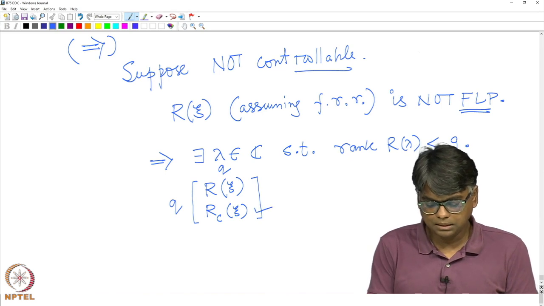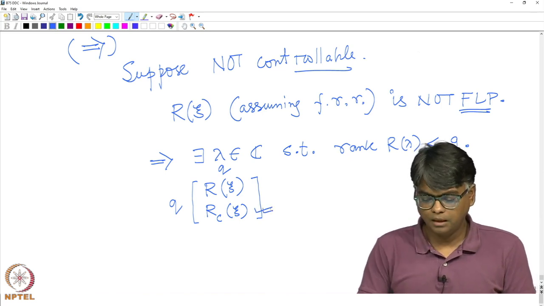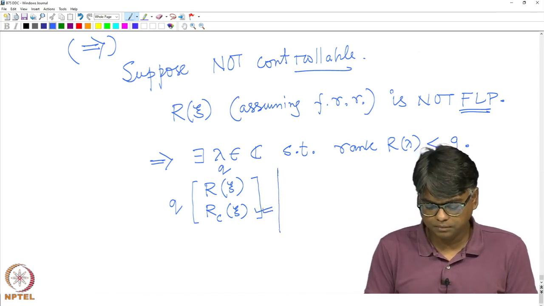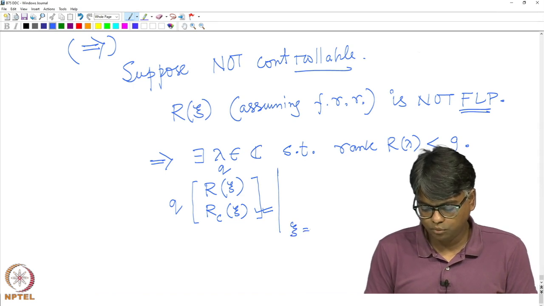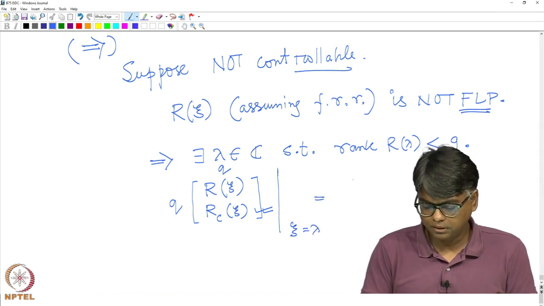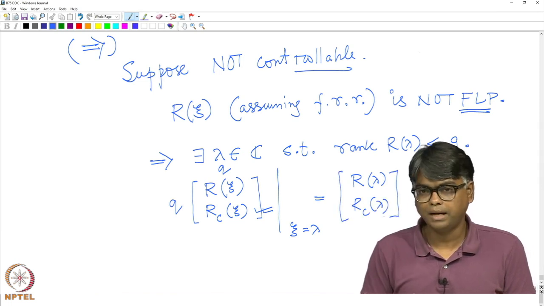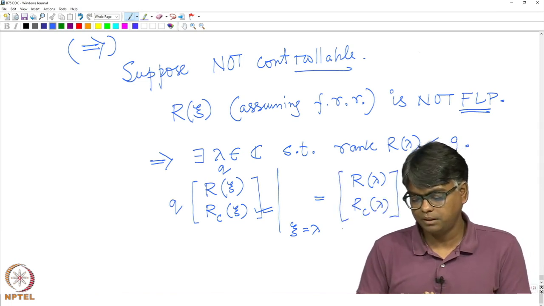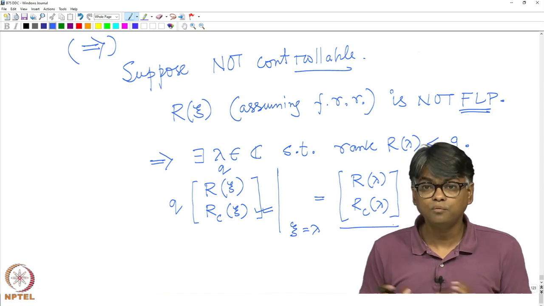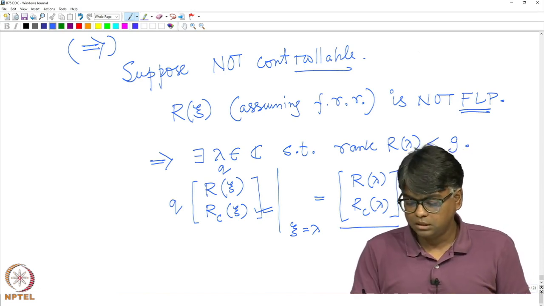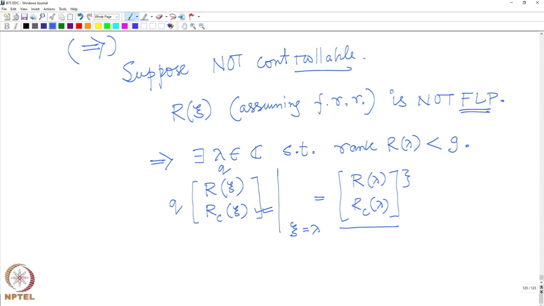Now notice, no matter what R_C(ξ) we choose, if I evaluate this matrix at ξ equal to lambda, I will have R(λ) over here and R_C(λ) over here. Can this square matrix be full rank? Of course not, because the top rows are dependent. R(λ) loses its rank.